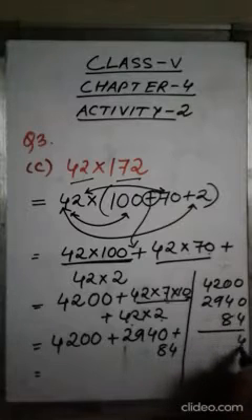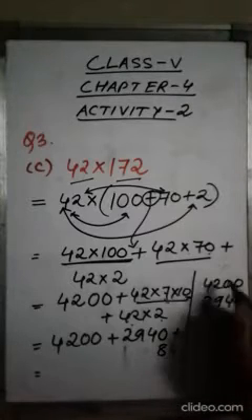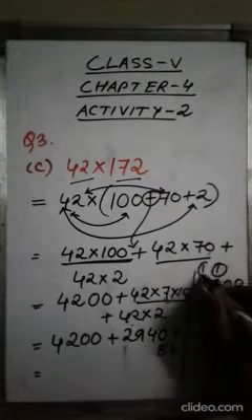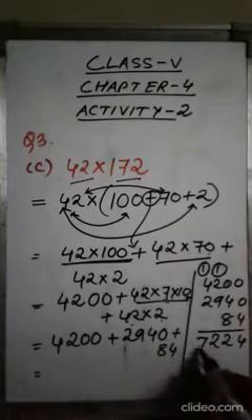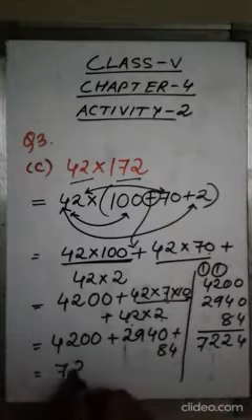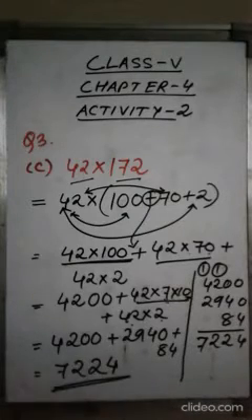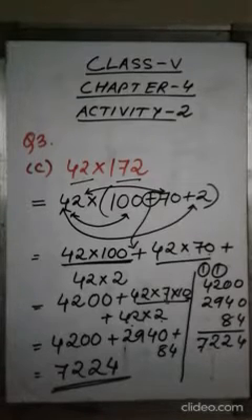You get 4, 12, 1 will be carry, 12 again 1 will be carry, 7, 2, 2, 4. This is the answer. This way you have to do.